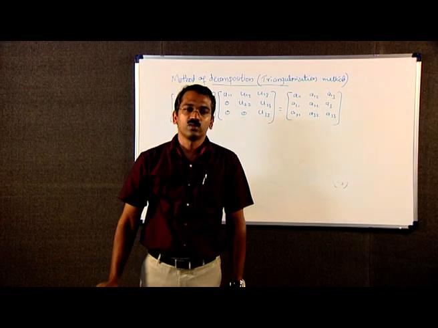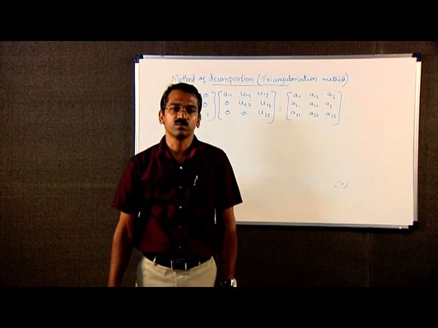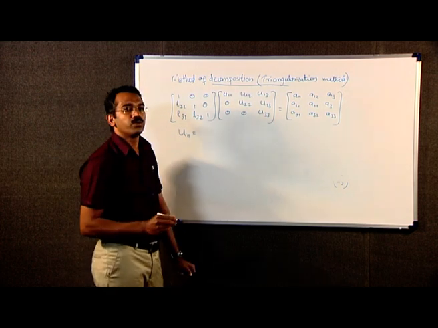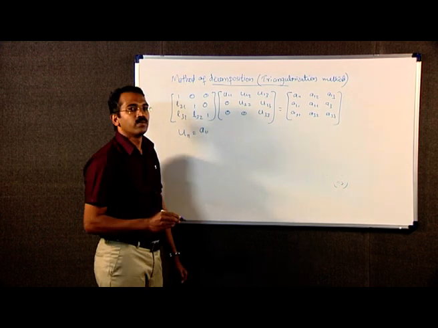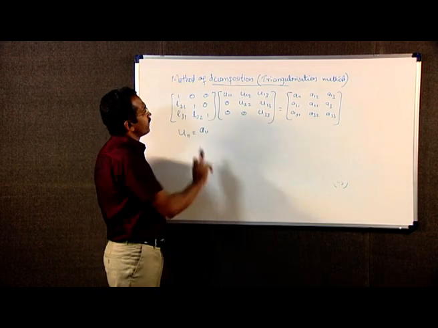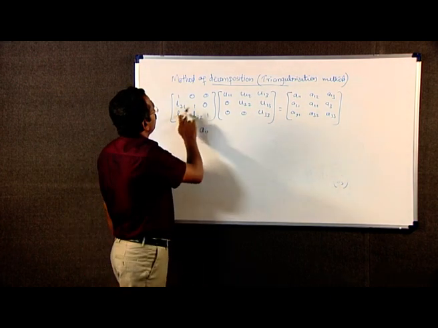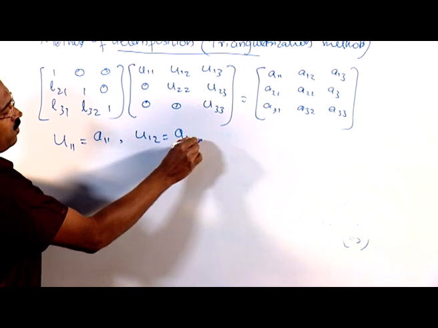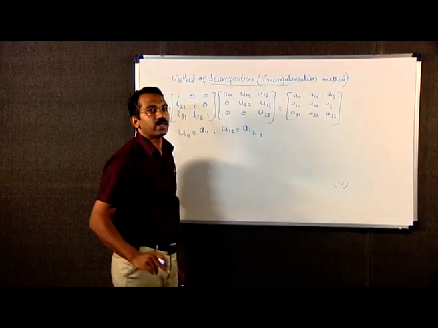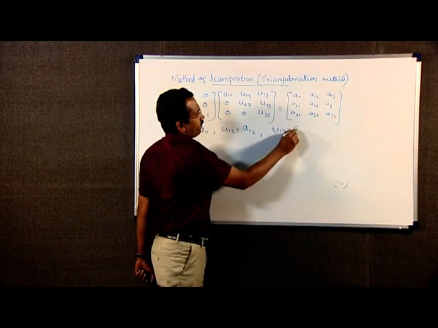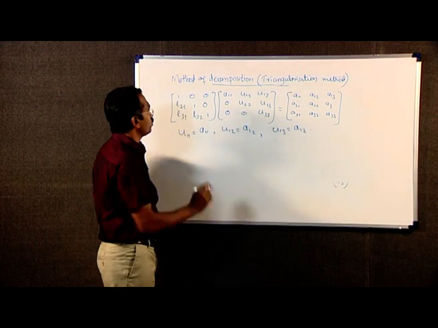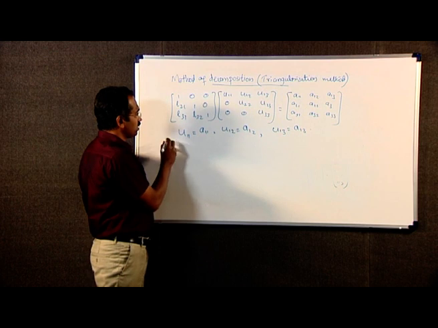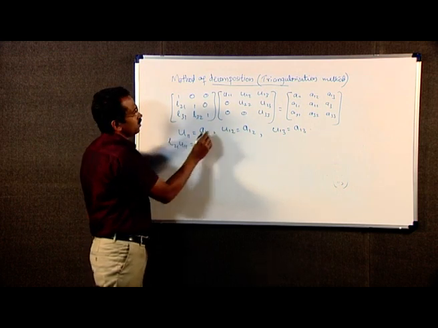Multiplying the matrices on the left hand side and equating the corresponding elements both sides, we will get U11 is equal to A11, U12 is equal to A12 and U13 is equal to A13. L21 U11 is equal to this entry A21.